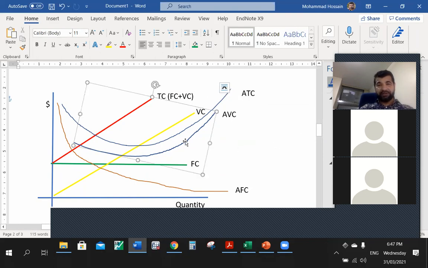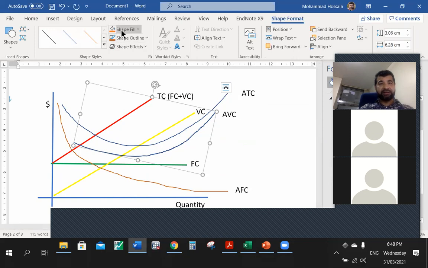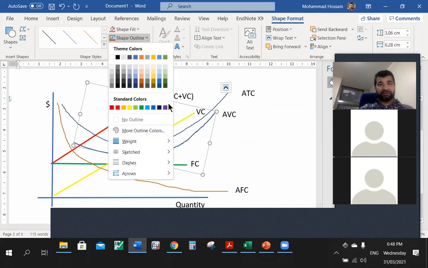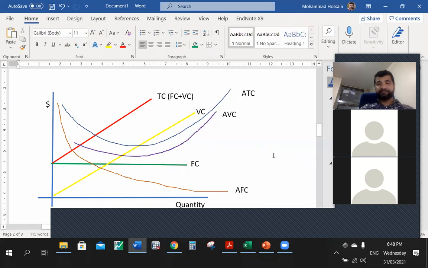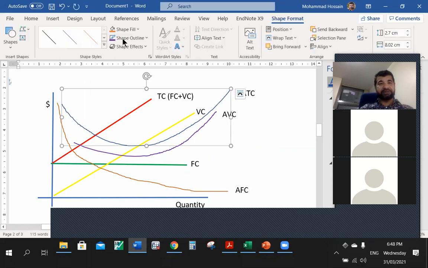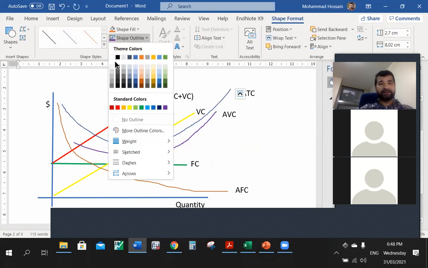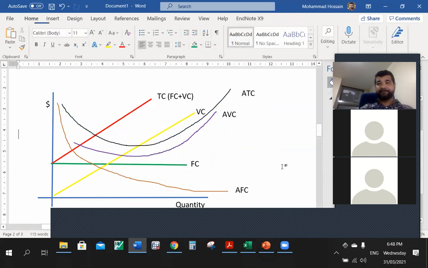Okay, so let me bring this one as different color. Let's say this one as purple. Okay, average cost. This one, let's say, make it black. That's how the curve looks like. Now I'm going to draw another one called marginal cost curve.